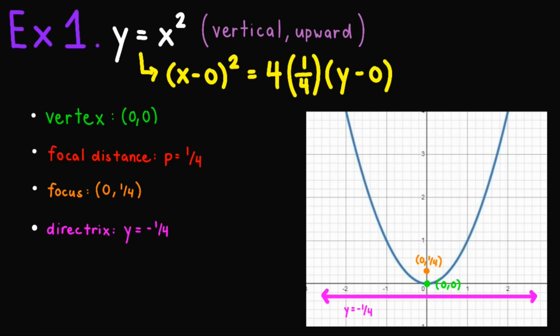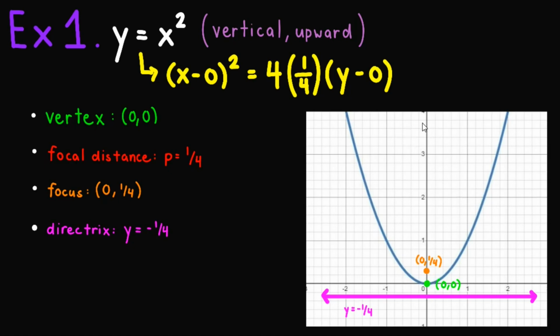Next thing that we can obtain is the major axis. So the major axis is just a line that passes through the vertex and the focus. In this case, it must be a vertical line, since the focus and the vertex are aligned vertically.